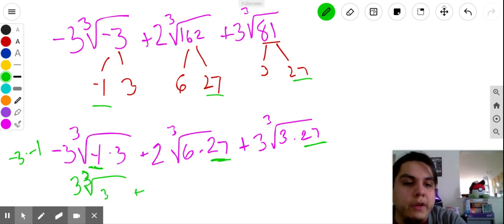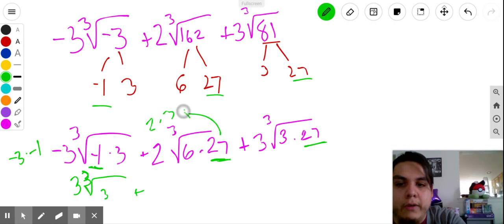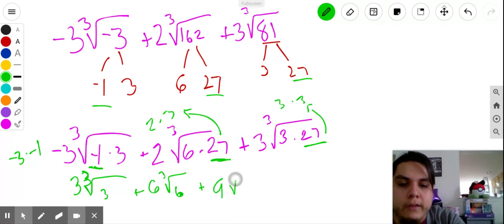Plus, the cube root of 27 is 3, so 2 times the 3 I get from here will give me 6. So it'd be 6 cube root of 6 plus, cube root of 27 is 3, so 3 times 3 is 9 cube root of 3.